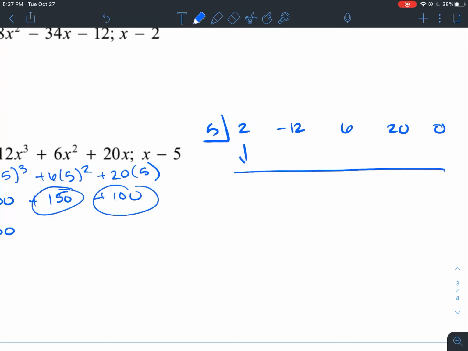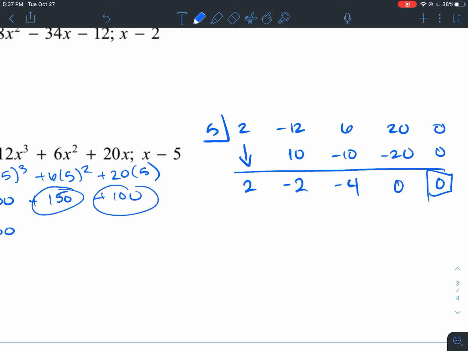Alright, drop the 2. 2 times 5 is 10. That's going to be negative 2. And I multiply that by 5. That's going to be negative 10. Add those together is negative 4. Negative 4 times 5 is negative 20. That's 0. 0 times 5 is 0. That added together is 0. So we don't have a remainder because this is a factor.